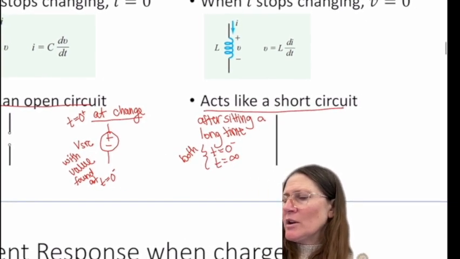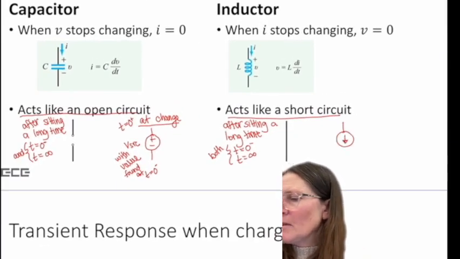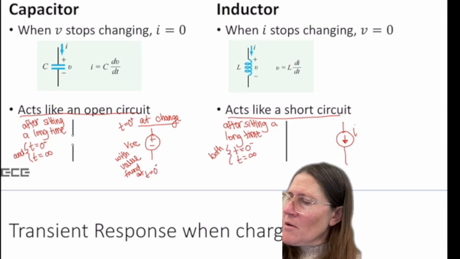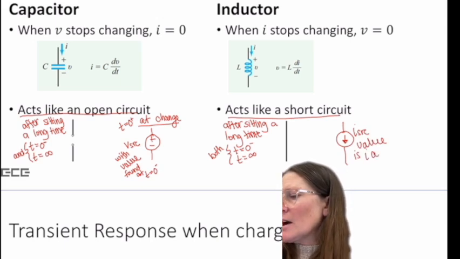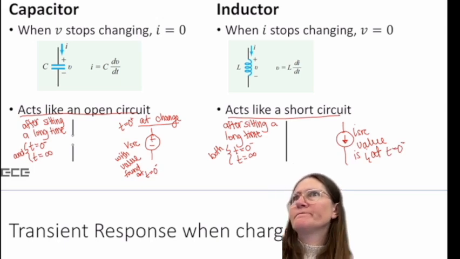And then this one is going to be a current source, and the value is I at t equals 0 minus. So it's the current that you find after it's sat there a long time.